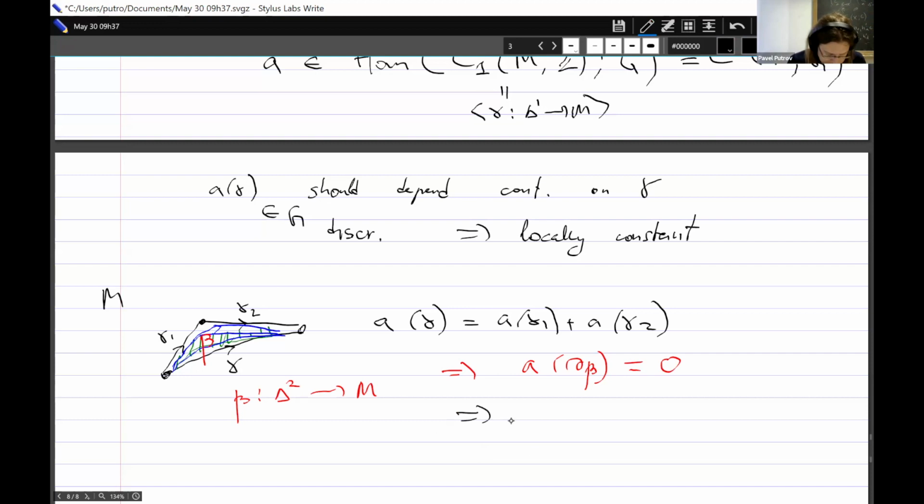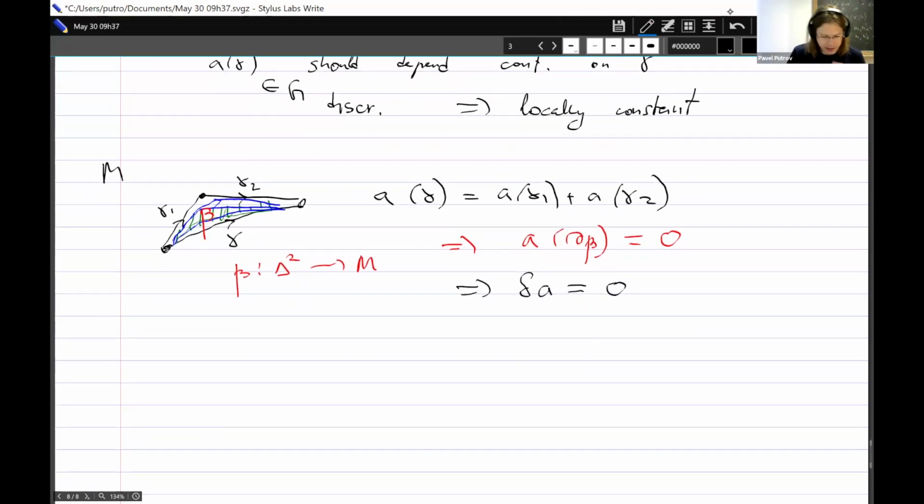But this is the same. This implies that delta of A is 0, since beta was an arbitrary singular two-simplex. This implies that delta A is 0, because by definition, this is just the composition of A and the boundary.